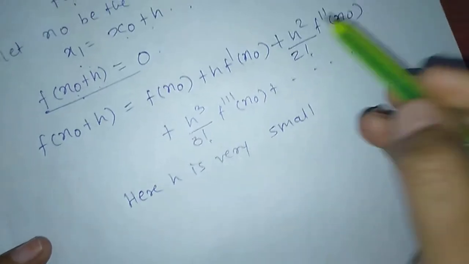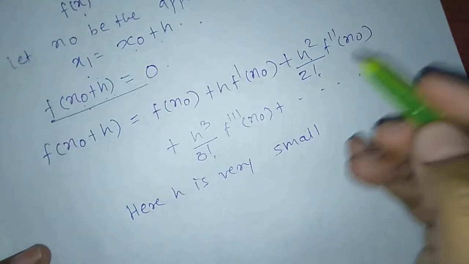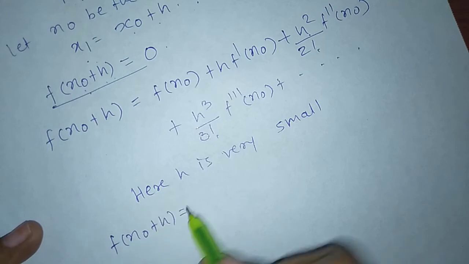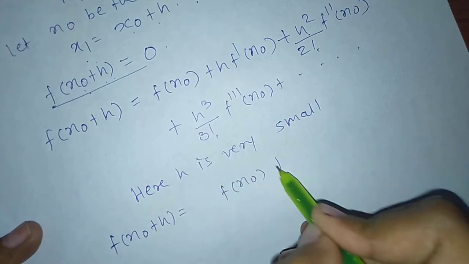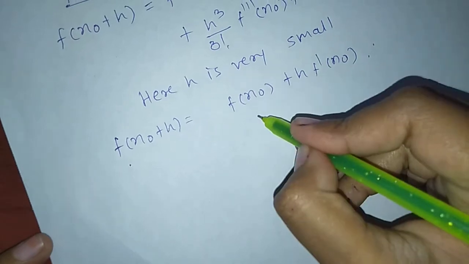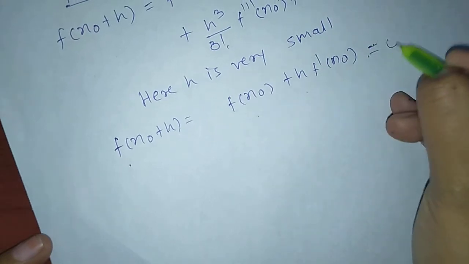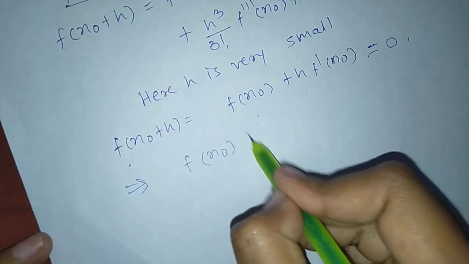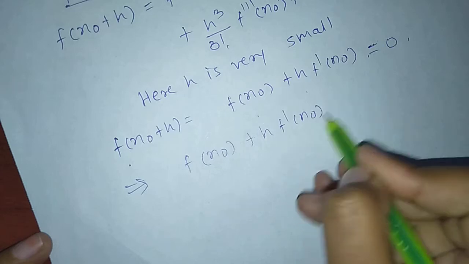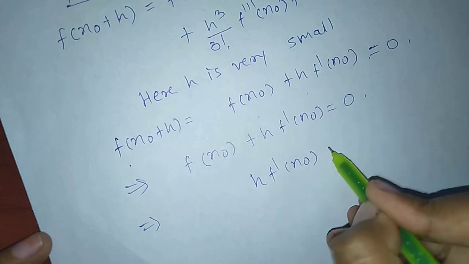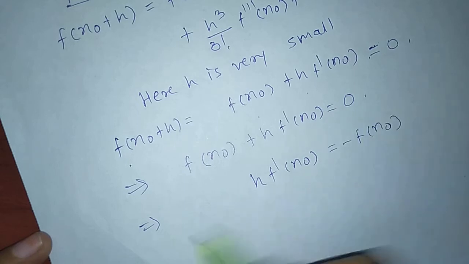Here h is very small, so neglect the terms h square, h cube, h raised to 4 and so on. So we get f of x naught plus h equal to f of x naught plus h f dash of x naught. f of x naught plus h equal to 0 means f of x naught plus h f dash of x naught equal to 0, which implies h f dash of x naught equal to minus f of x naught.